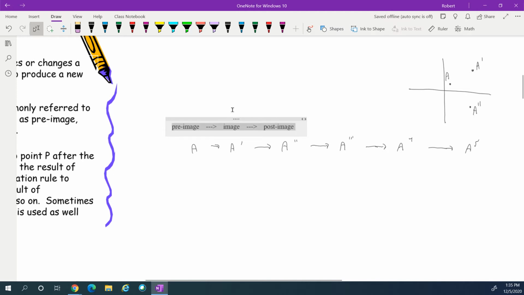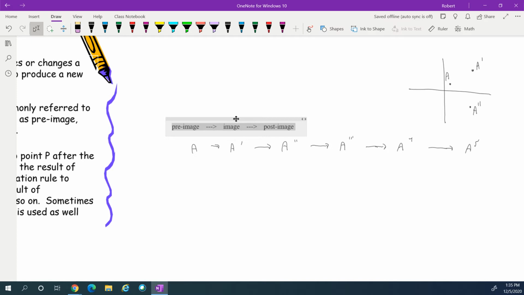But the original, the one before A prime, the pre-image, was just A. And that can be confusing, but all we're doing is taking these three words and sliding them up and down this chain so that we can focus on three things at a time: the current image, the one before it, and the one that comes next.